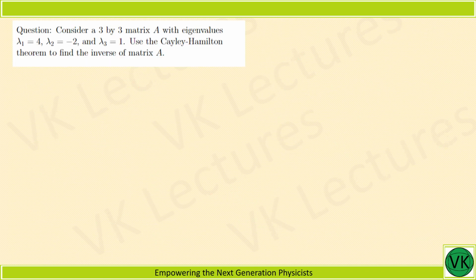Coming to the second question, consider a 3 by 3 matrix A with the eigenvalues lambda 1 equal to 4, lambda 2 equal to minus 2 and lambda 3 equal to 1.